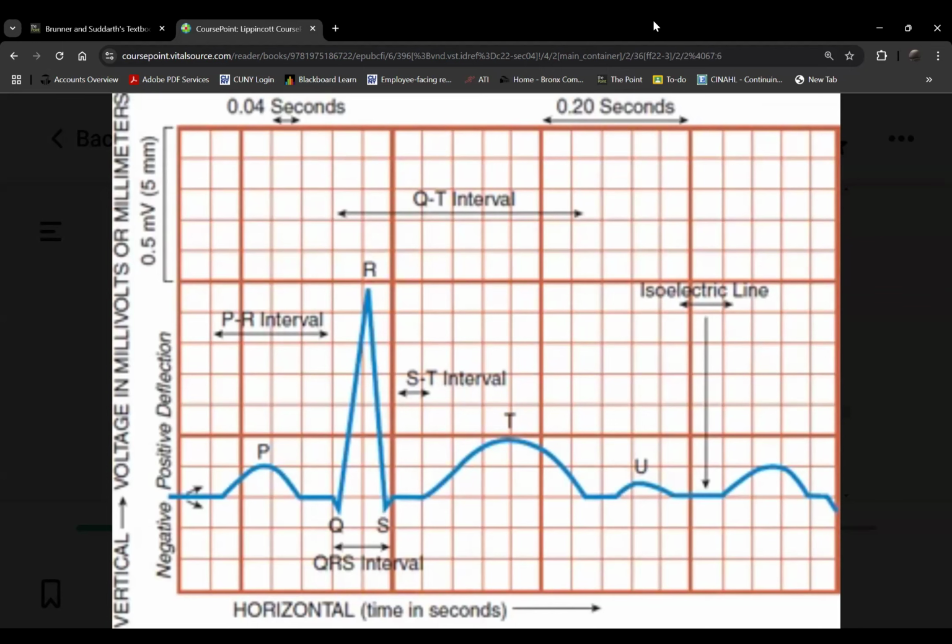So 0.04 plus 0.04 plus 0.04 plus 0.04 plus 0.04 equals 0.2. So if 1 big box is 0.2 seconds, how many big boxes are there in 60 seconds? 300. Very good. So we know there are 1,500 small boxes in 1 minute, and 300 big boxes. We'll use that as a way to count somebody's heart rate.